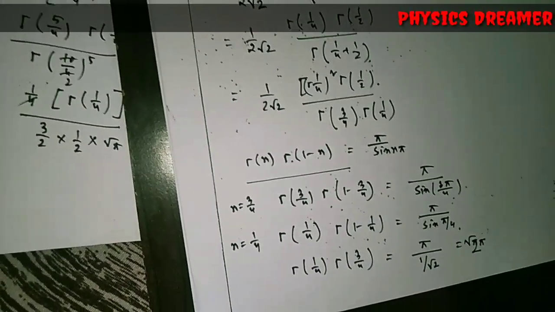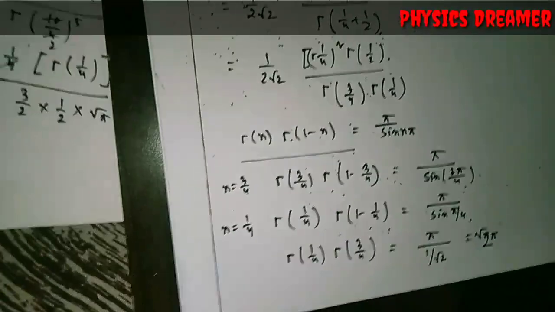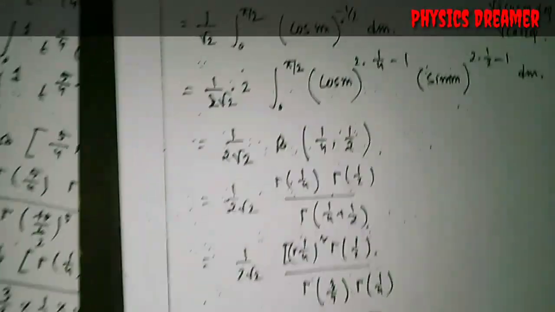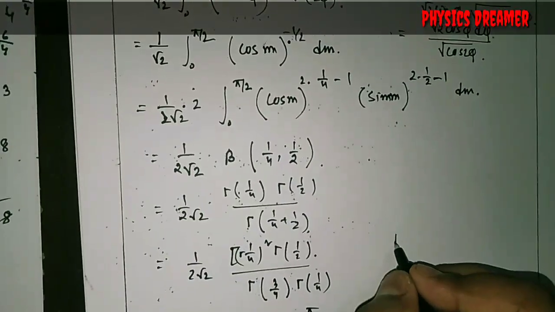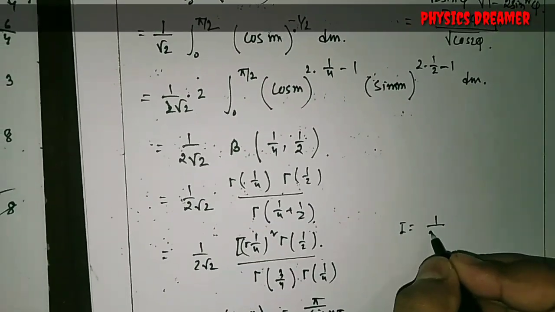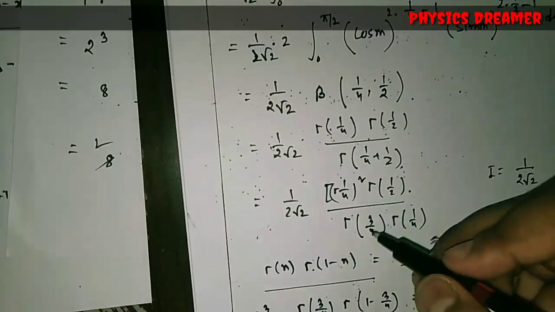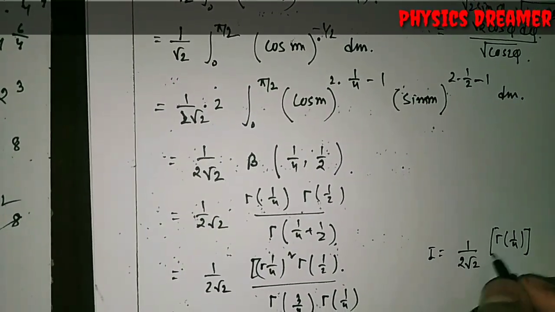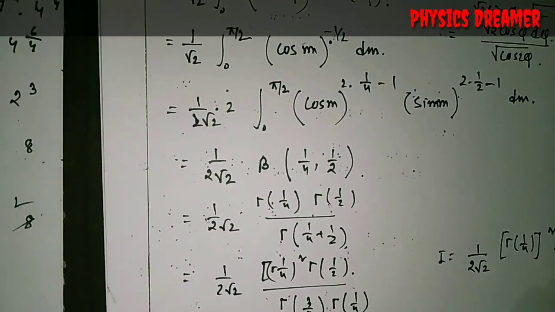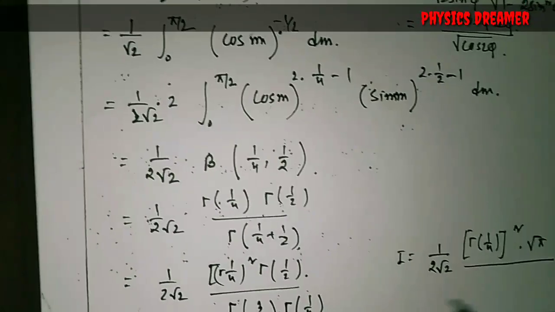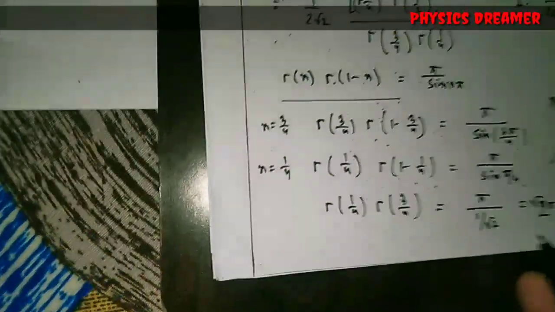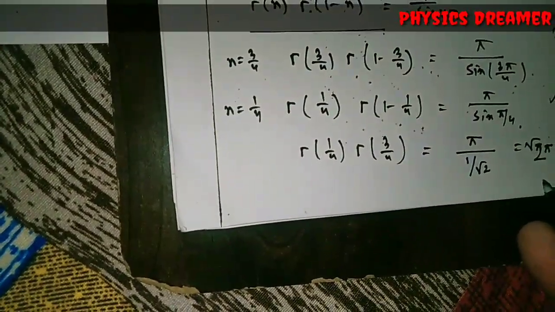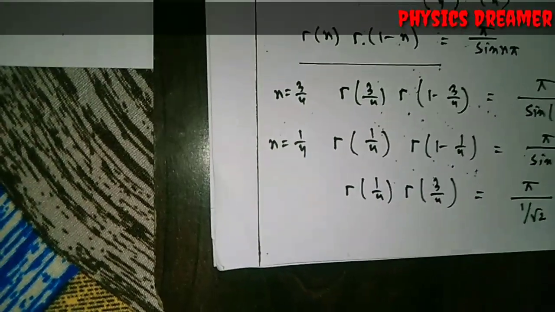Okay, so here you can write I equal to 1 by 2 root 2 gamma of 1 by 4 whole square into root pi, because gamma of 1 by 2 equals root pi, by gamma of 3 by 4 into gamma of 1 by 4, which equals root 2 pi.